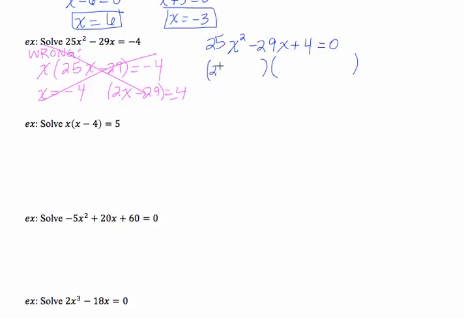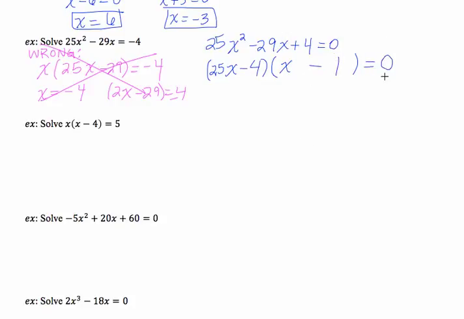That should help us get a much bigger number like 29x in the middle. So 25 plus 4 is 29. So somehow I want to add a 25x to a 4x. So if I put the 4 here, then I would be multiplying 25x times 4 when I do the outside term, which would give me 100x, which is way too big. So let's try putting the 4 here, and they both have to be negative, and let's put a 1 there.